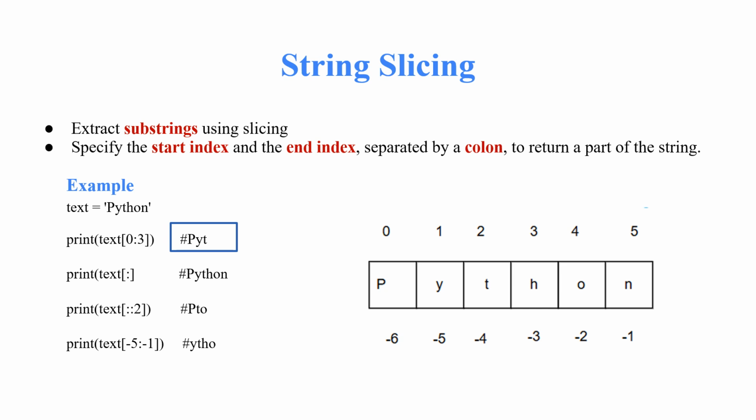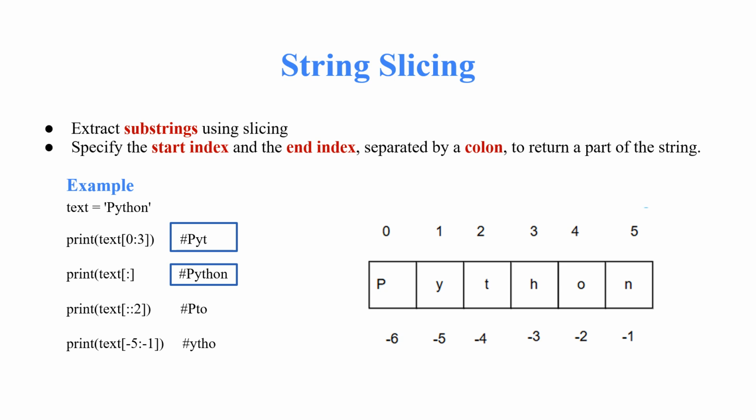Next, when we are not specifying the starting and the ending index, the entire string is going to get printed. Next, in this example, we have not given the starting and the ending index, but we have specified the skip count, that is by 2. It will start from the first and move till the last, but it will skip count by 2.